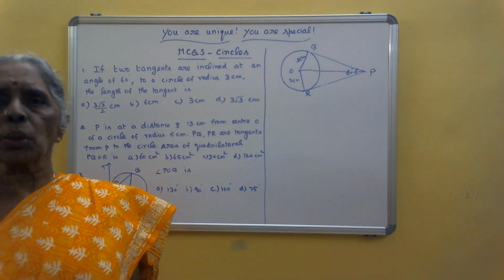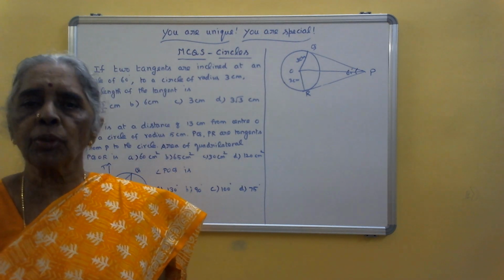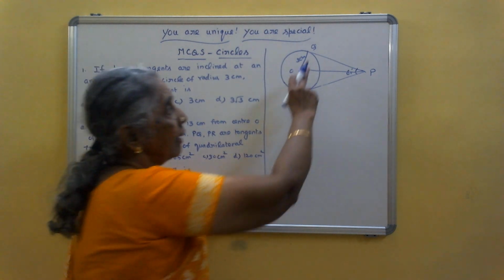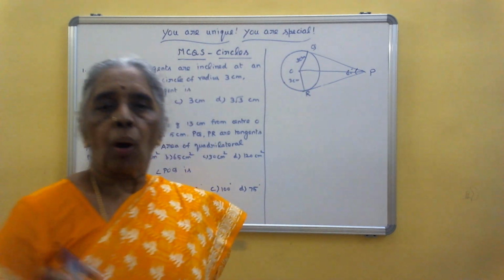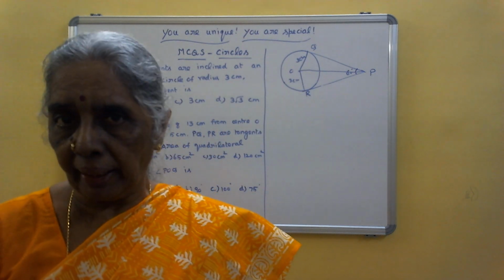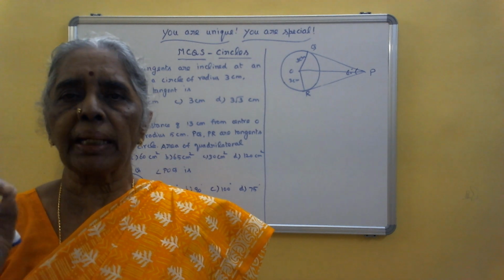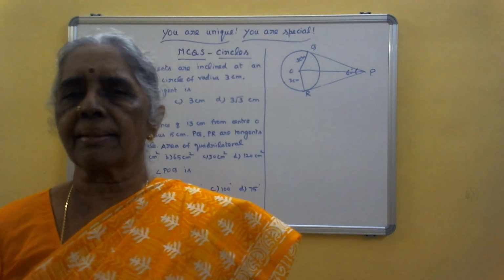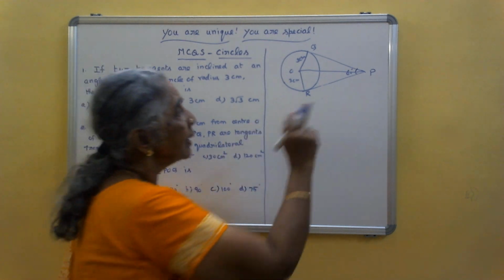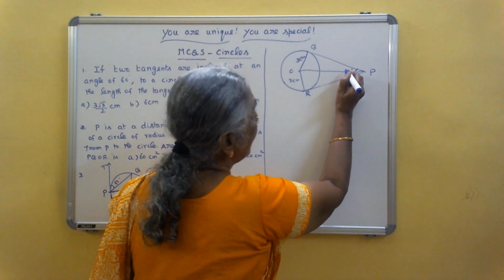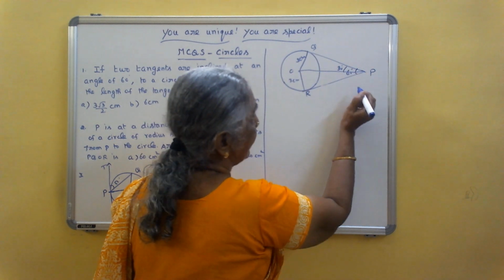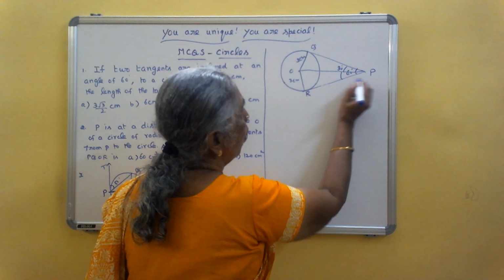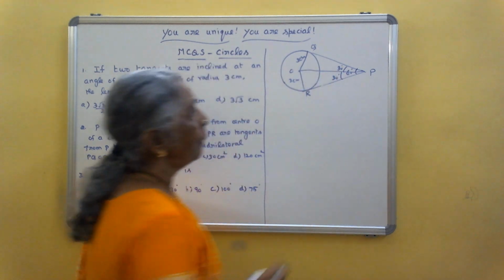Now the first concept that should come to your mind is the two tangents are equally inclined to the line joining the point and the center. So this angle, that is angle QPO, will be 30 degrees, and angle OPR will be 30 degrees.